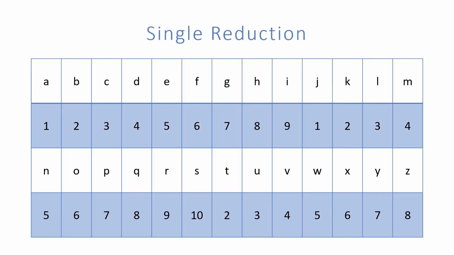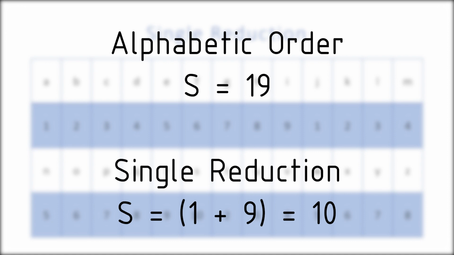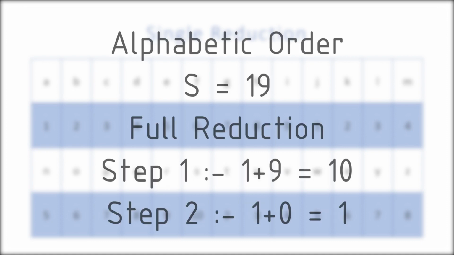Next up is the single reduction, which is almost identical to the Pythagorean order or full reduction, which we saw in my introduction to Gematria video as I explained the 4 base ciphers. The only difference here is that of the letter S, which is the 19th letter in the alphabetic order, and it's reduced like 1 plus 9 equals 10 in single reduction, whereas in full reduction the letter is reduced twice to obtain a single digit like 1 plus 9 equals 10, and furthermore 1 plus 0 equals 1.